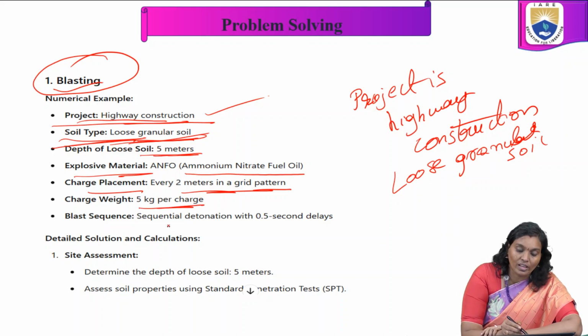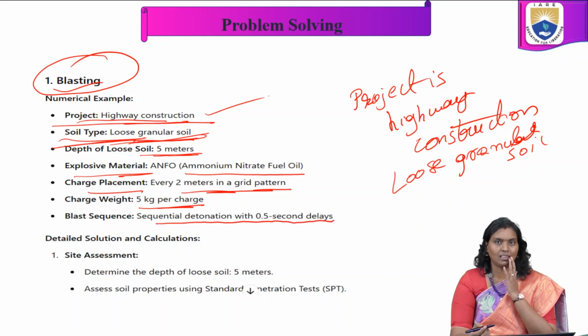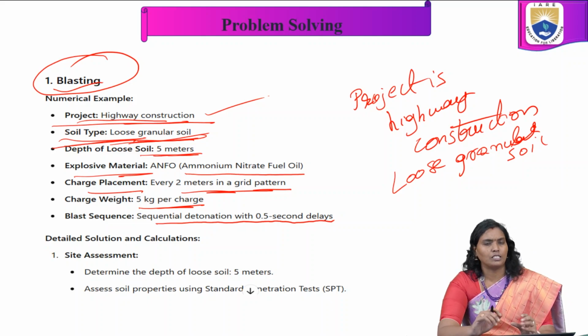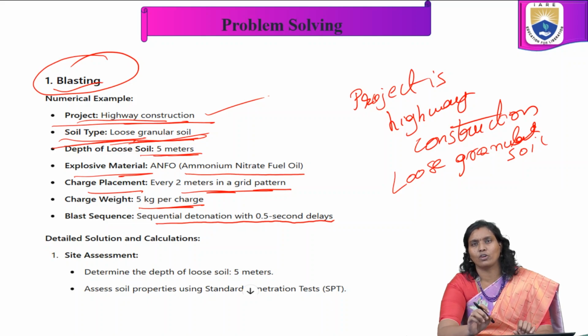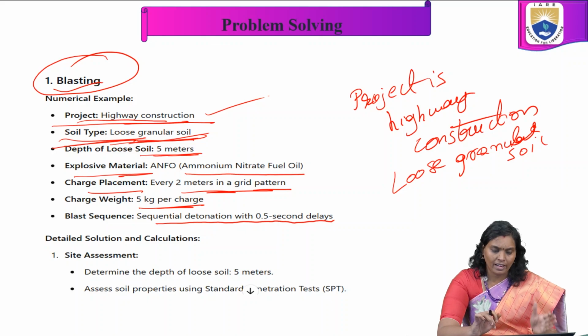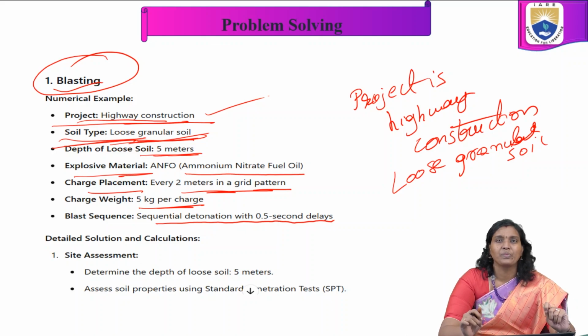The blast sequence is sequential detonation with 0.5 seconds delay. So these are the numerical example parameters. As per our understanding of the site condition, we decide what kind of material we choose, where it is going to be placed, and how much weight is required. These parameters we already know as per the technique.